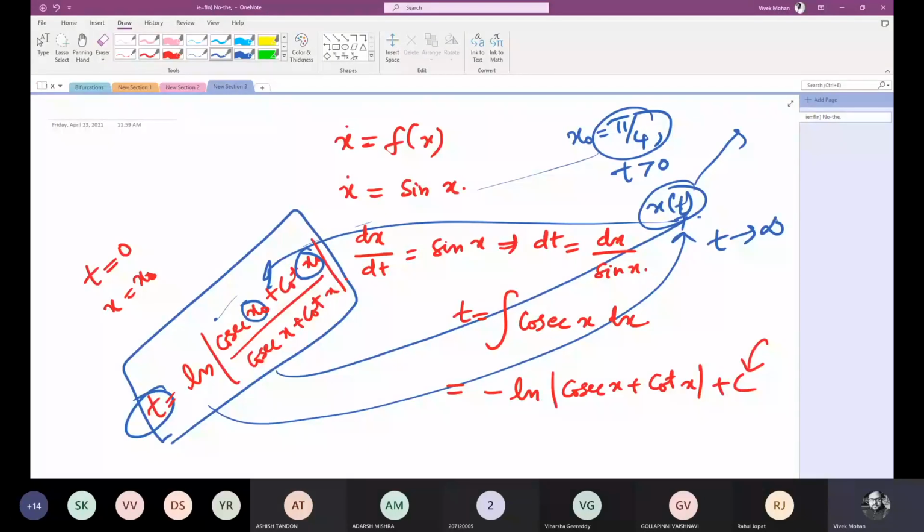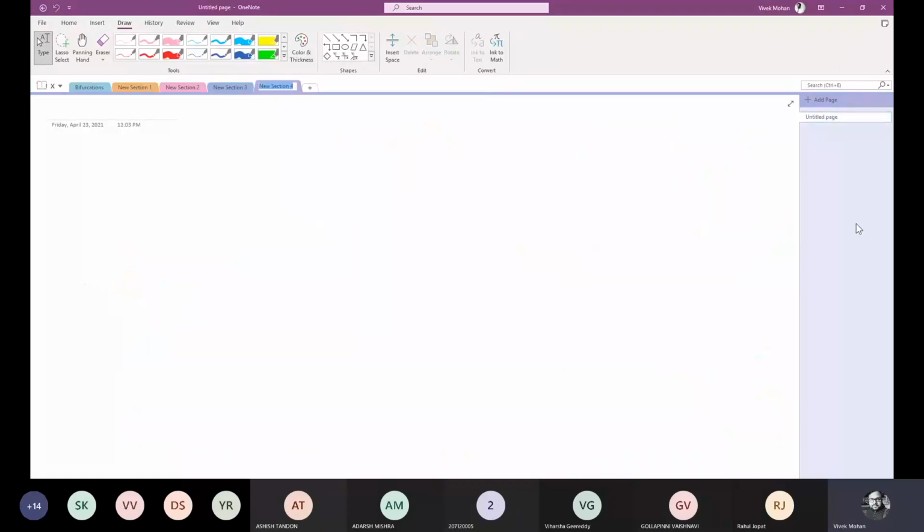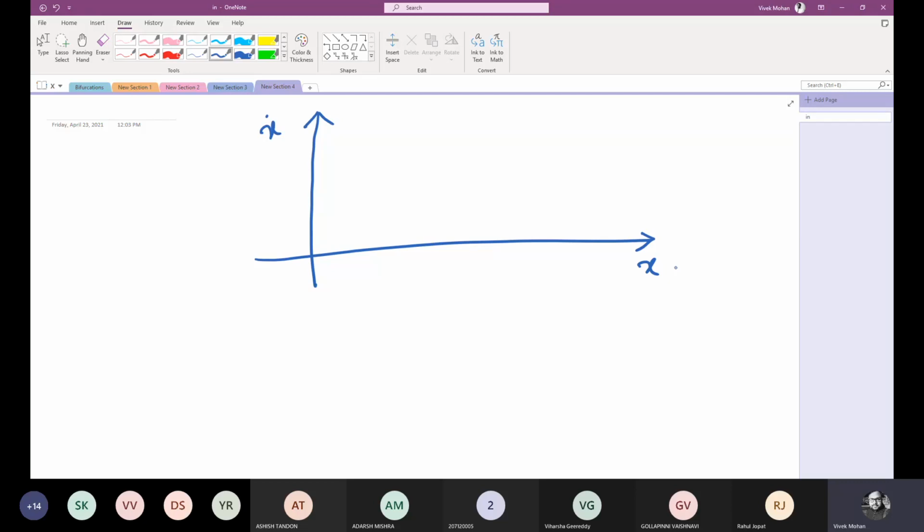Now let's see this, the same function x dot equals sin x. We'll draw it as a figure, okay, a plot. So I am going to draw this as x dot versus x. This is x dot, this is x. Slowly we'll move on to the physical characteristic here. Before moving to the physical characteristic, let's see how it can be explained. Okay, so this I am going to draw like, okay, 1 minute. Let me draw like this.